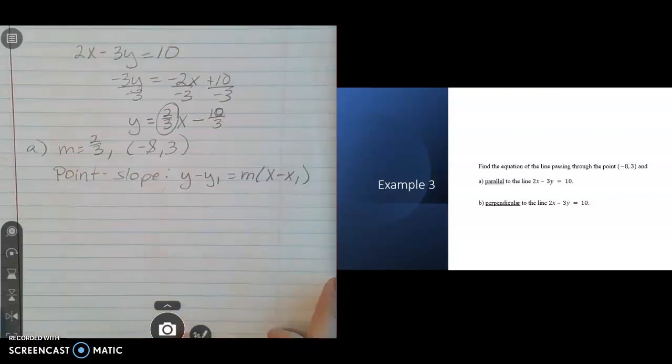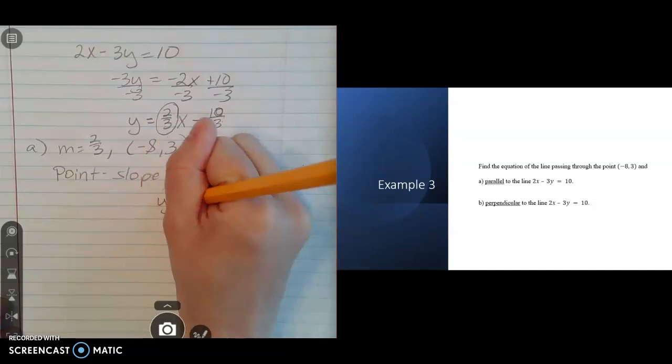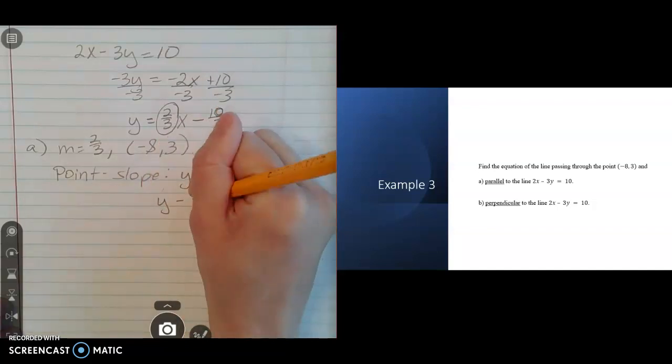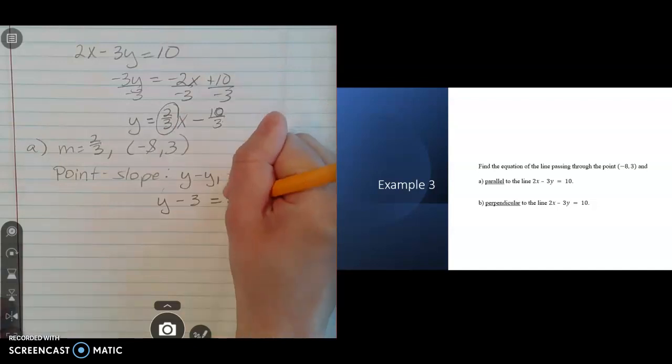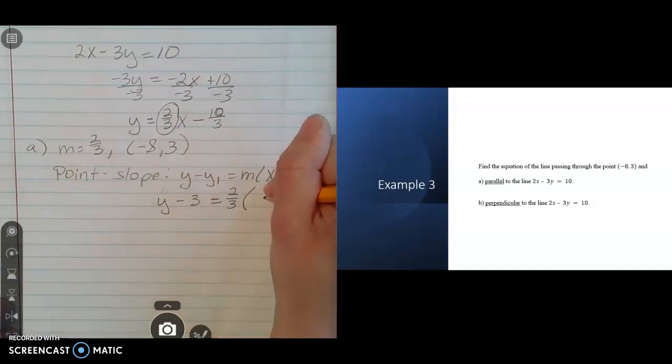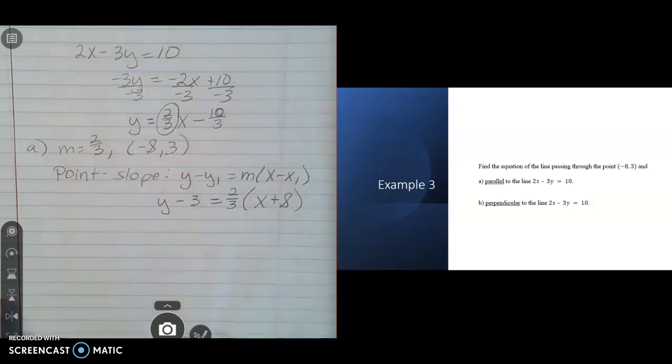And so using the information we have, we'll have y minus my y-coordinate, which is 3, equals the slope, which we just figured out, 2/3. And then x minus the x-coordinate, well, it's minus a -8, which is the same thing as plus a positive 8. So that would be the point-slope form. It didn't tell us which format to put it in, so let's go ahead and get it into slope-intercept form.